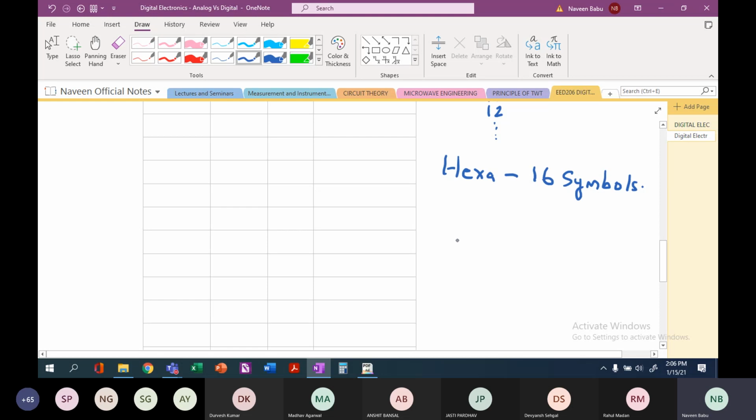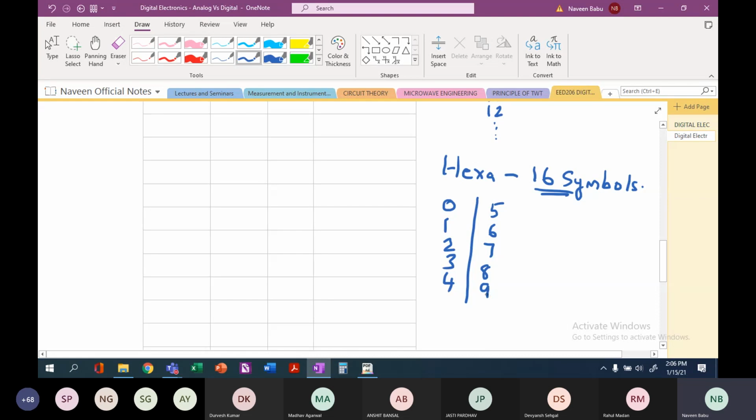When we say 16 symbols, what are the possible symbols? We know the decimal has got 10: 0, 1, 2, 3, 4, and then 5, 6, 7, 8 and 9. If you write 10 after that, then you are repeating the decimal number system. But the hexadecimal system has unique 16 symbols.